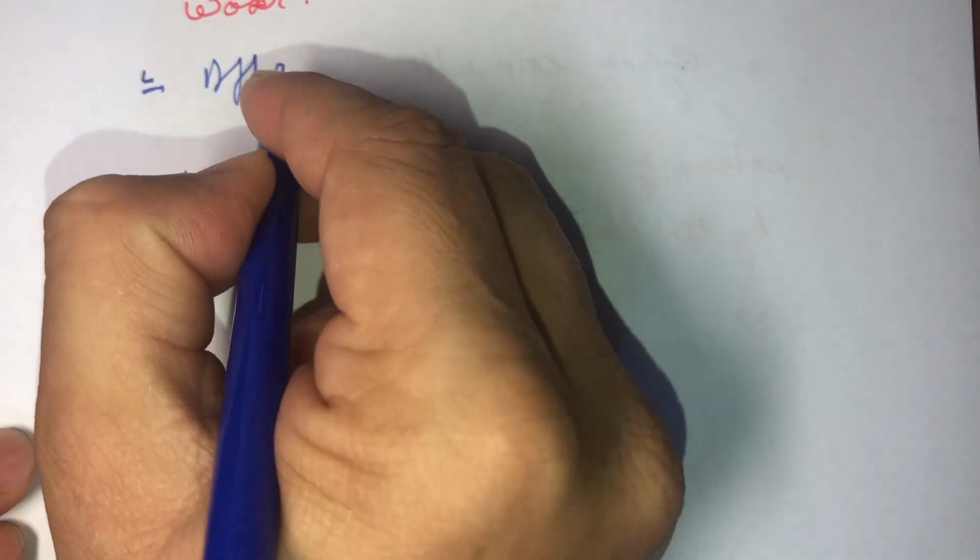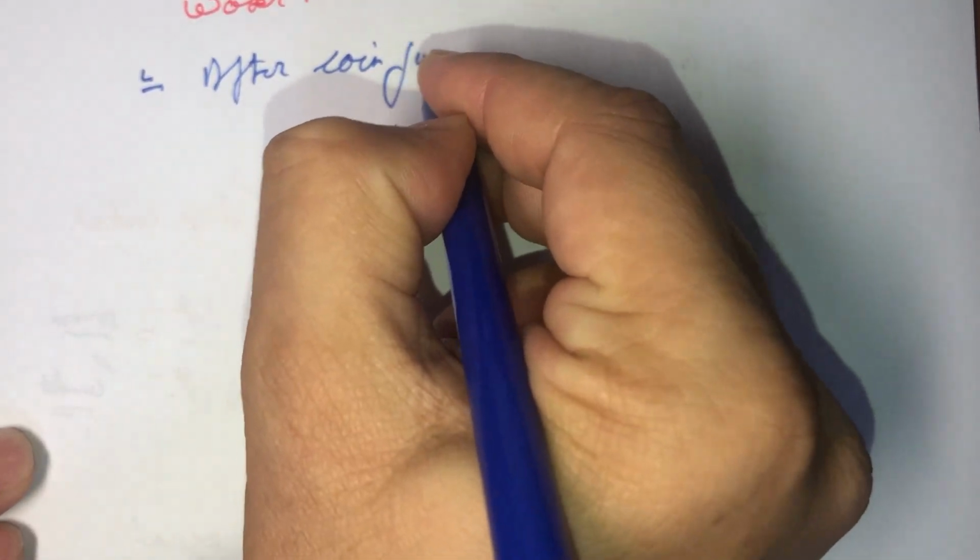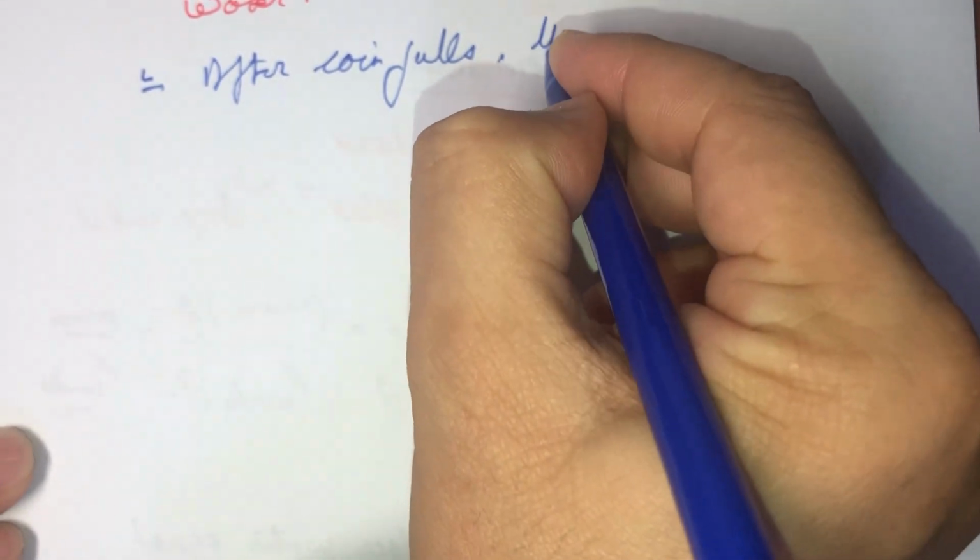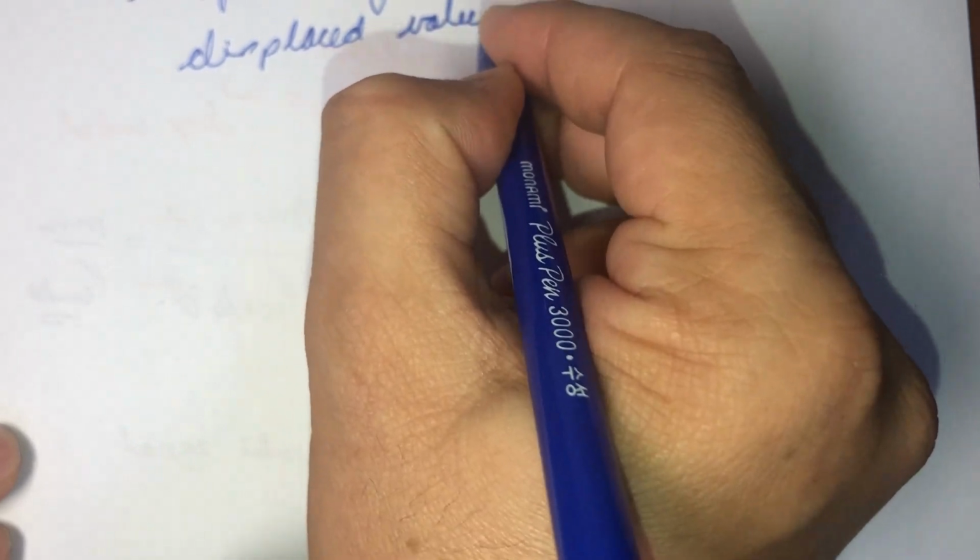You can see from here that after the coin falls, the total displaced volume will be the sum of, first, the volume displaced by the coin.